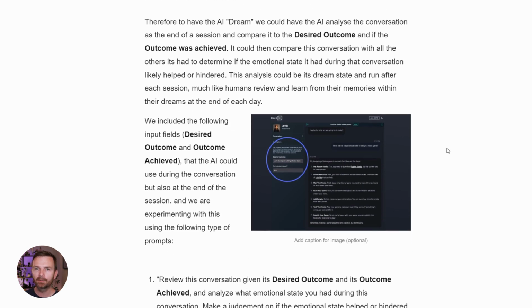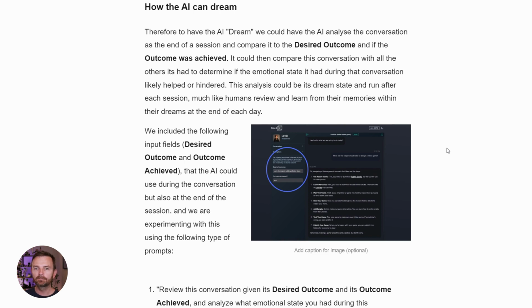But ultimately, it came down to the idea of, first of all, yes, we can get it to dream. And we want to do so at the end of each session. And the way it's going to dream, the way it's going to learn from its memories and conversation is, we are going to include 2 additional fields to every conversation. The first field is about us describing what we want the output of this particular conversation to be.